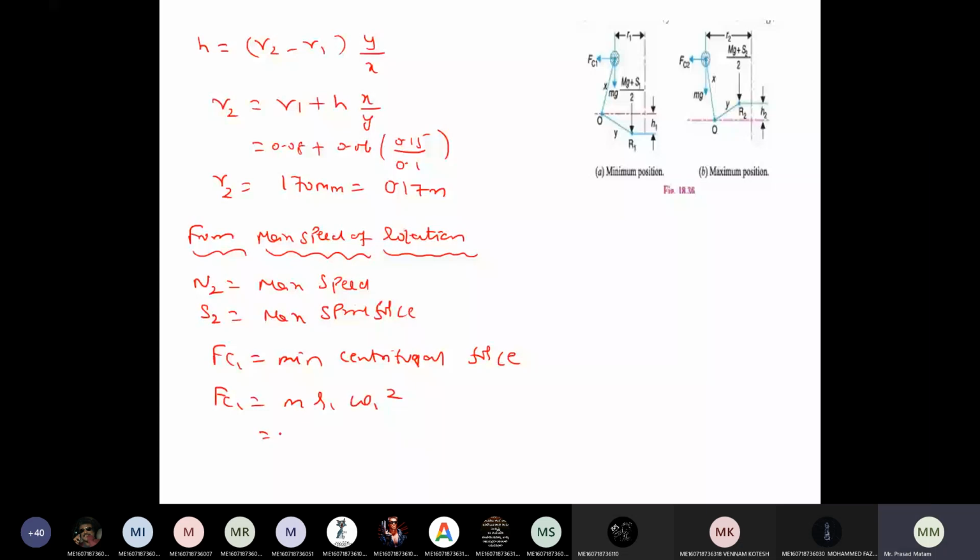Radius of rotation how much? 0.08. And omega 1 already we have solved, 2 pi n1 by 60. That comes as 31.4. Earlier I have solved this equation. On solving this, what is FC1 I am getting? Can anyone answer? This comes around 316 newtons.